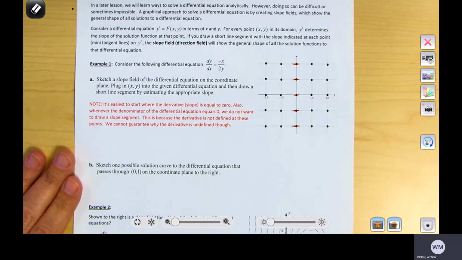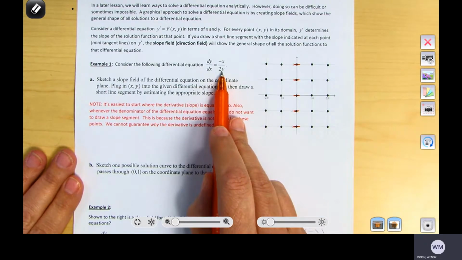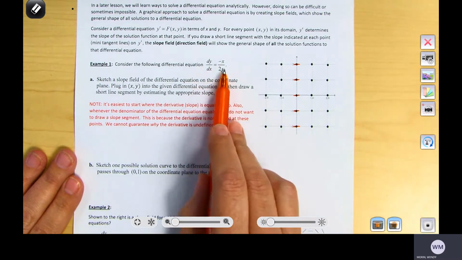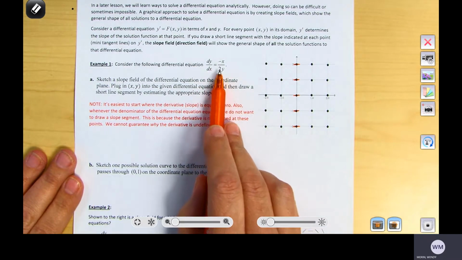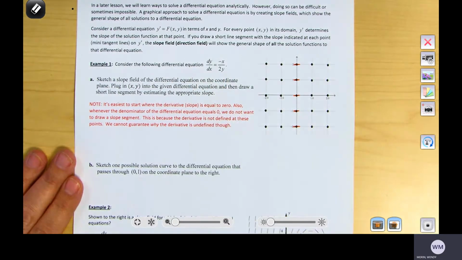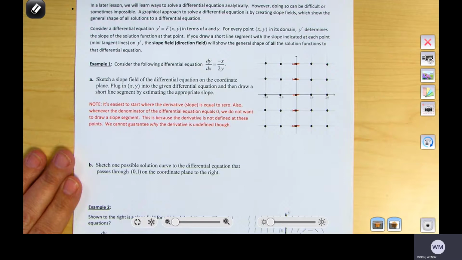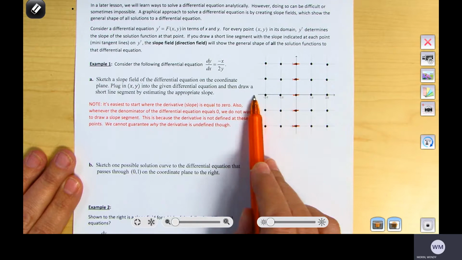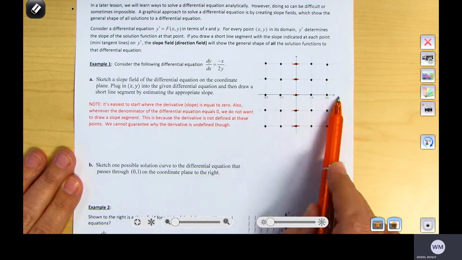Now, where is our first derivative undefined? Well, that's any place where y is equal to 0. So our first derivative is undefined when y is equal to 0. So this right here is where y is equal to 0.